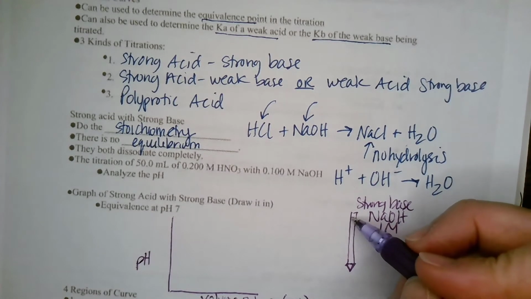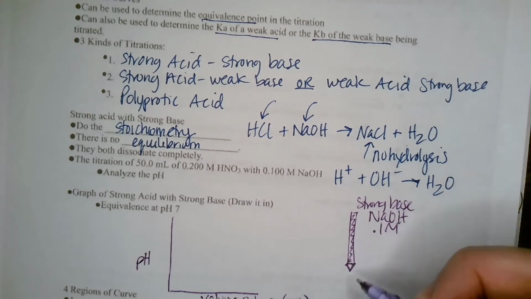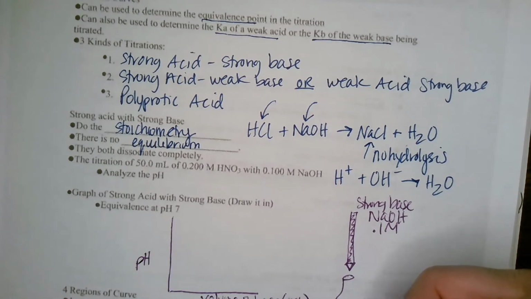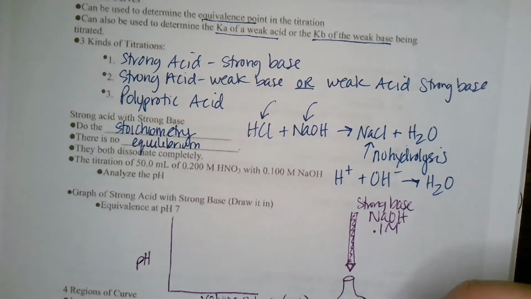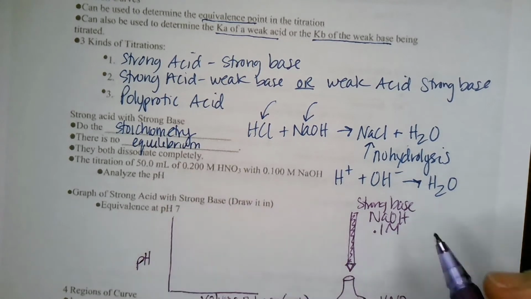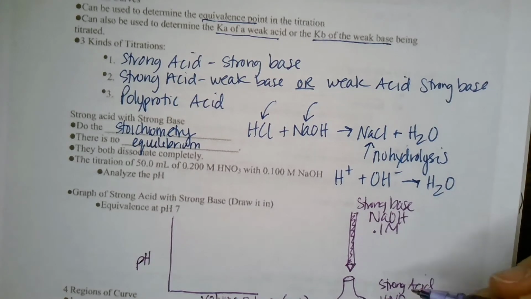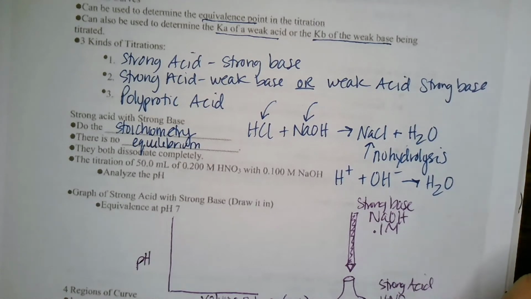And then here's our burette, and it's filled with that strong base, and it's going to titrate into our flask. And in our flask, we've got HNO3, and it's 0.2 molar. This is a strong acid. And it also says we have 50 milliliters of it.